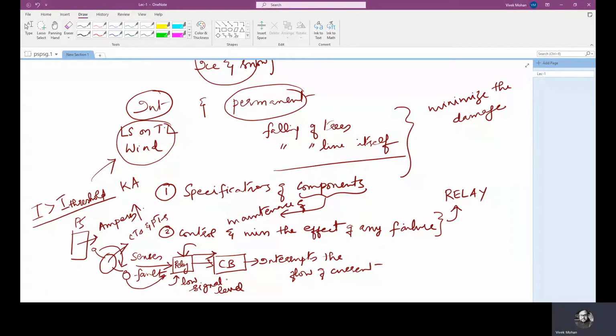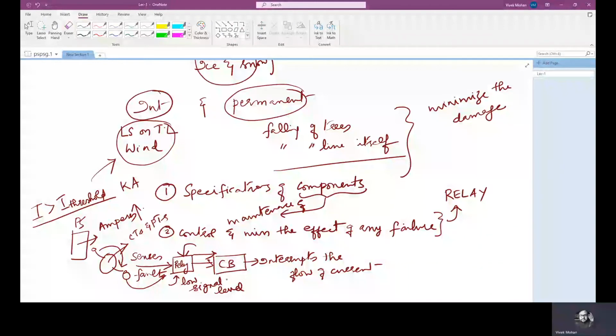So two benefits are there because of the installation and operation of relays. The first one is to minimize or prevent damage to the faulted components.